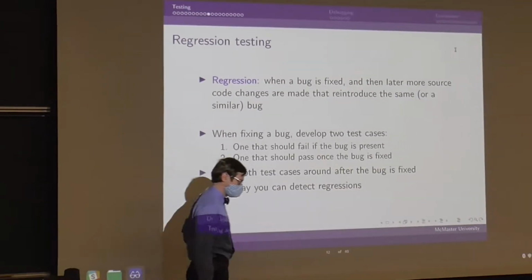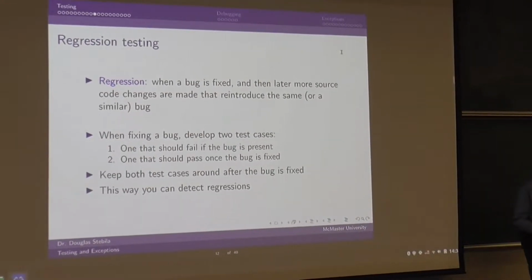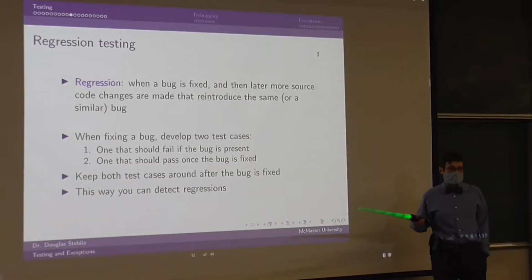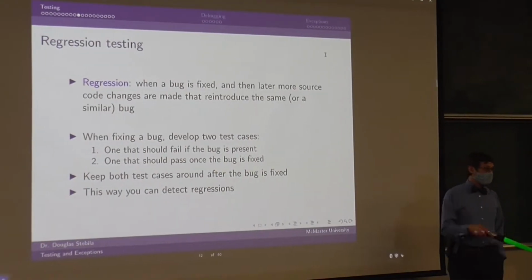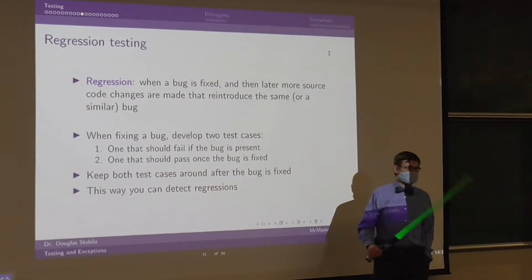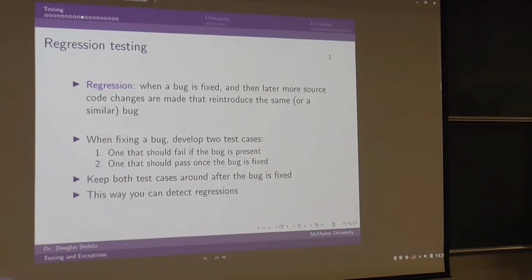Regression testing is where you have a bug, right? You fix that bug, but you hold on to the test case that revealed that bug so that you can test to see if that bug reemerges later. Bugs can be tricky things.